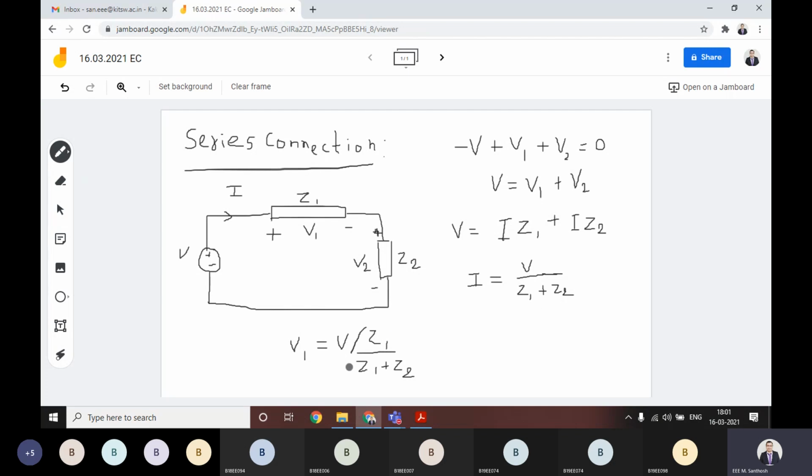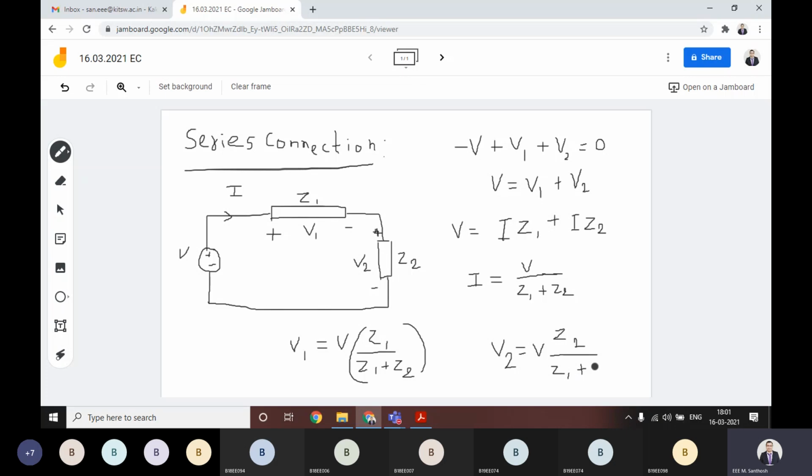Simply if you substitute that, you will get V1 equal to V into Z1 by Z1 plus Z2. Similarly, if you calculate the value of V2, that is the total voltage V into Z2 by Z1 plus Z2.